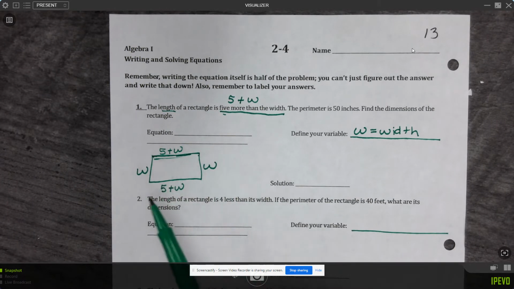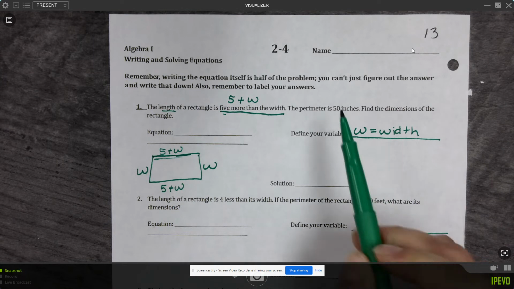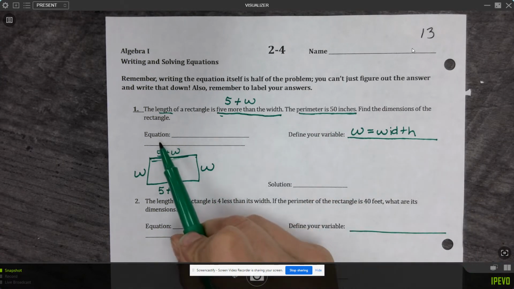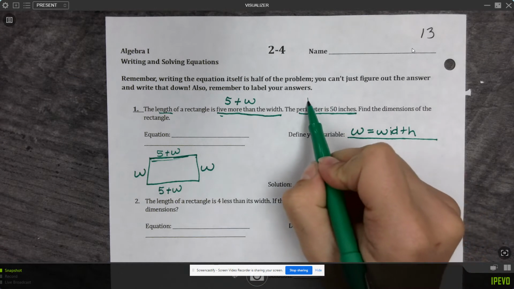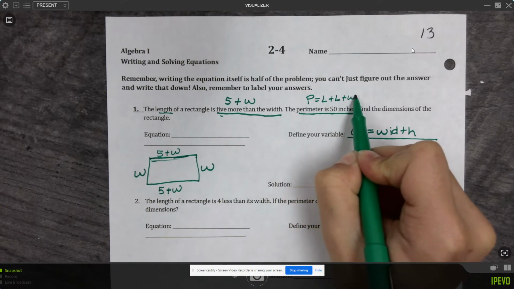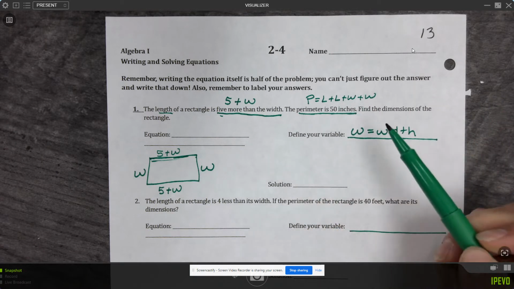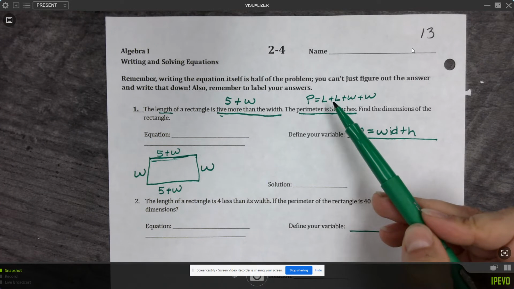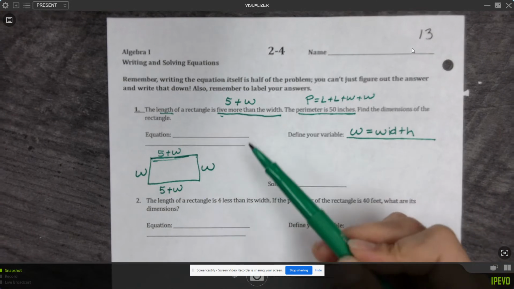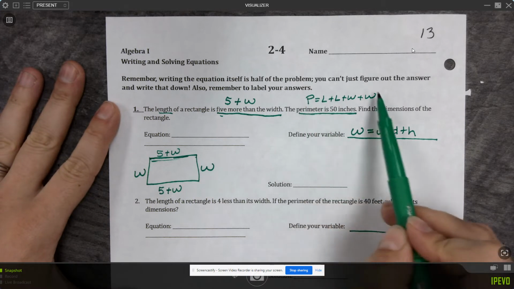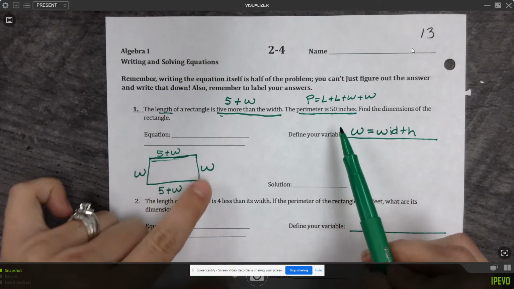Now I'm going to use that information and the fact that the perimeter is 50 inches to write an equation. For the perimeter, a perimeter of a rectangle, just as a fact, the perimeter is just the length plus the width plus the width. You're just adding all of these sides. So I'm going to use that and this information here and here.